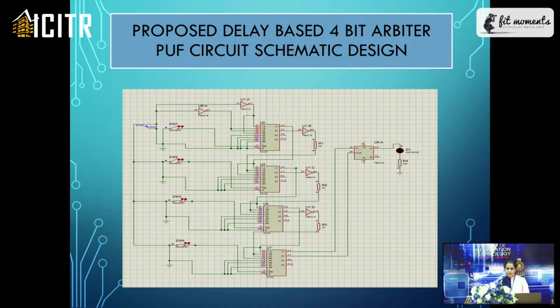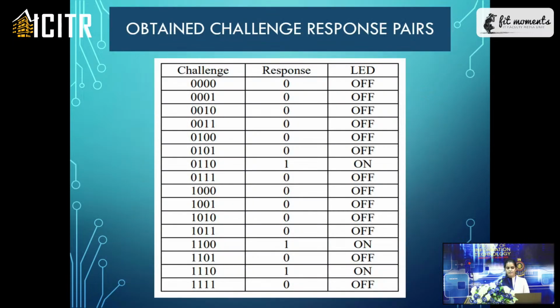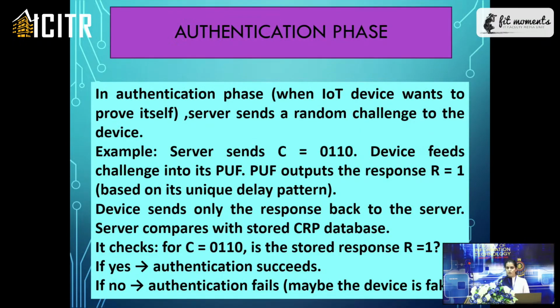Here you can see a 4-bit arbiter PUF that I have proposed for the authentication, and these are the obtained challenge-response pairs.